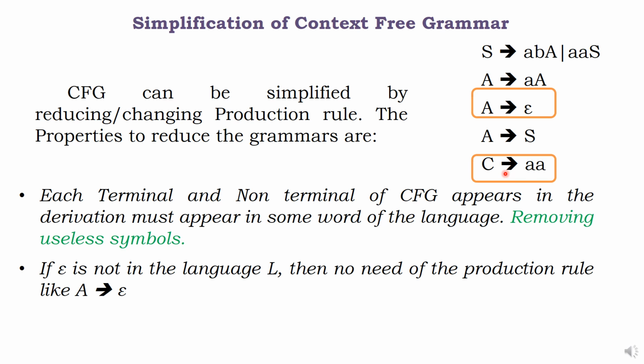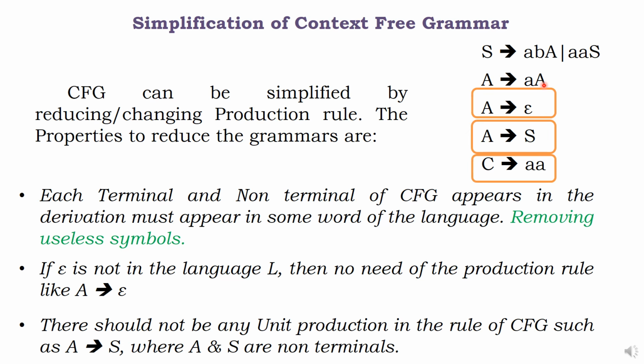The second category is epsilon production. You can see A gives epsilon. We keep epsilon for terminating some variable. In case a language needs an empty value, we should maintain epsilon. Otherwise, this epsilon can also be removed with some procedure. Number three is unit production.